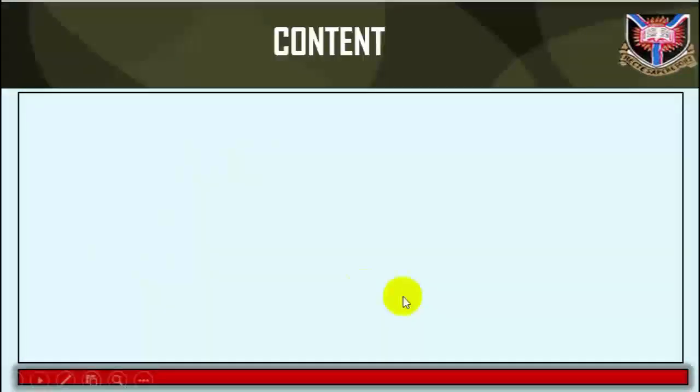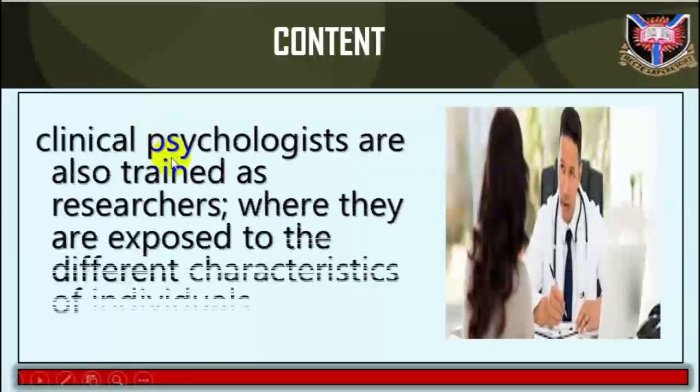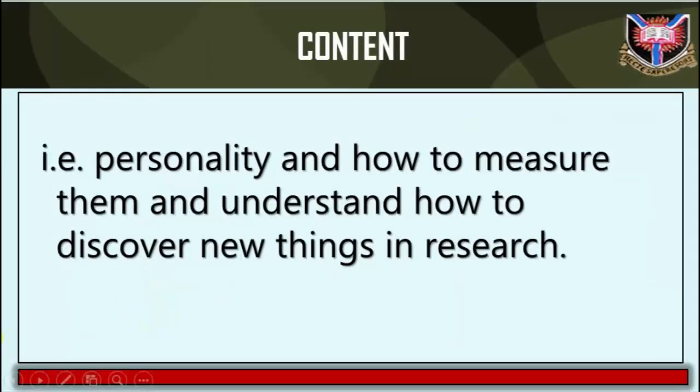Using this model, clinical psychologists are also trained as researchers, where they are exposed to the different characteristics of individuals, that is, personality, and how to measure them and understand how to discover new things in research.